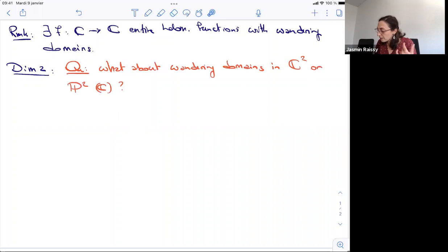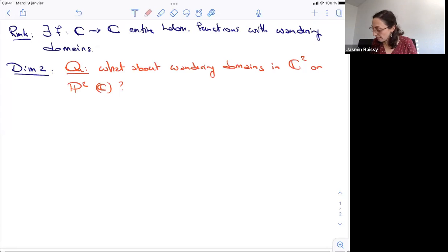The first thing that you have in mind is that since you had wandering domains in dimension 1, you should be able to find them in higher dimension. Of course there is always this reassuring thing of saying, look, I take a 2-dimensional map, which is not exactly 2-dimensional because it's 1-dimensional in one coordinate and 1-dimensional in the other coordinate.